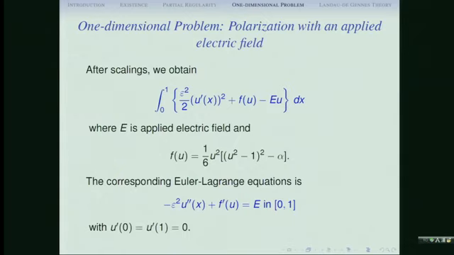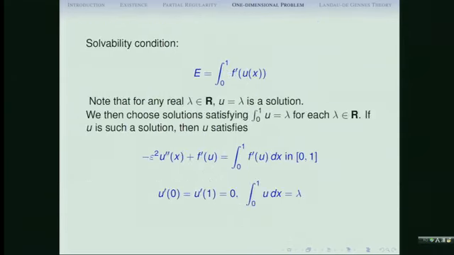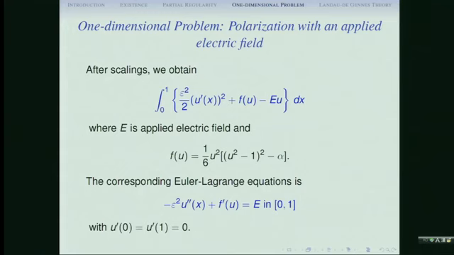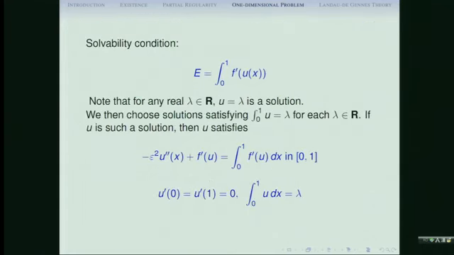In order for this Euler-Lagrange equation to have solutions, we need the solvability condition. You integrate both sides from 0 to 1, and you actually get E. The electric field is nothing but the integral from 0 to 1 of f prime of u.